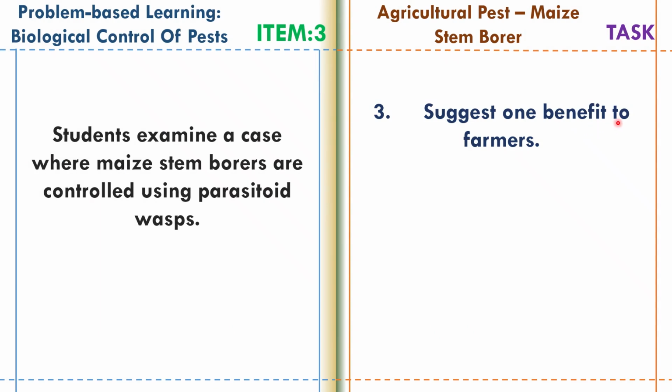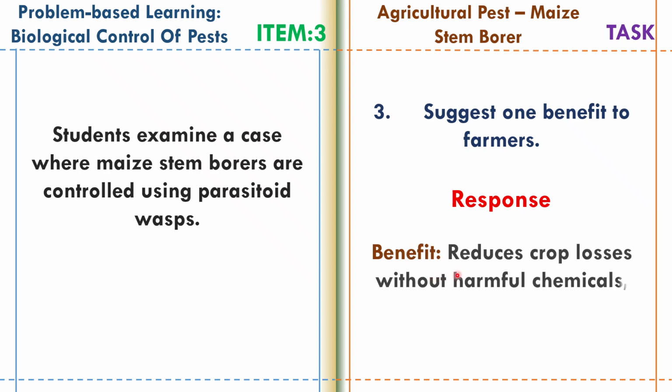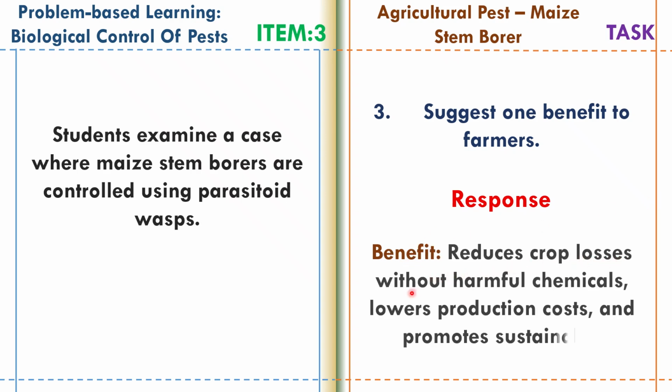Suggest one benefit to farmers. Benefits: reduces crop loss without harmful chemicals. It lowers production costs and promotes sustainable agriculture.